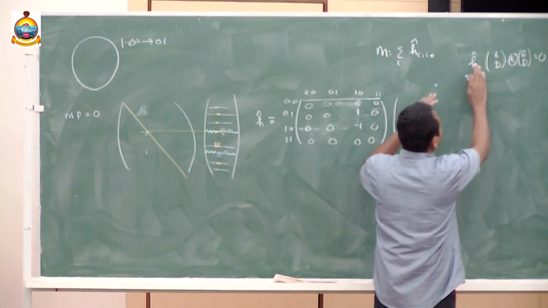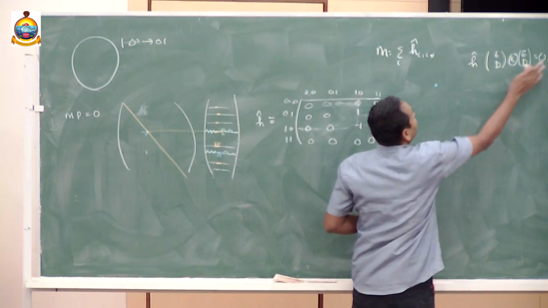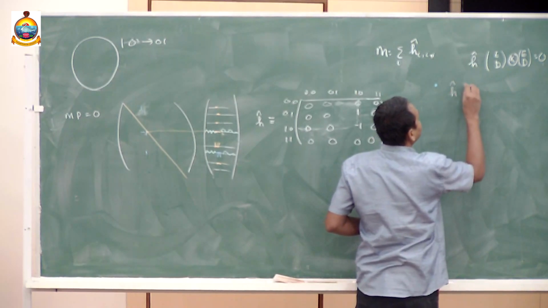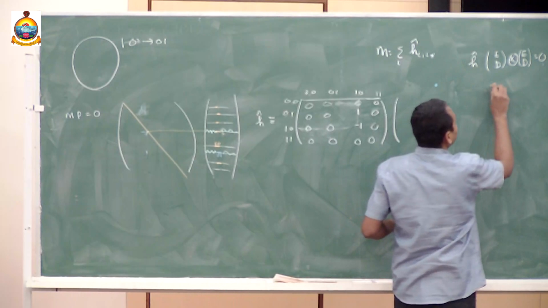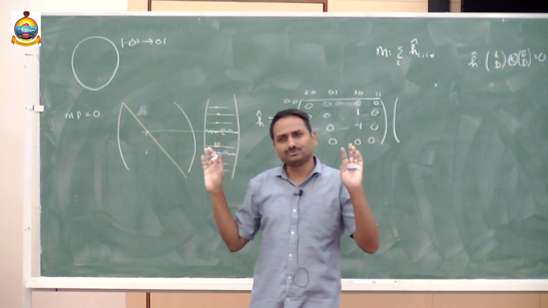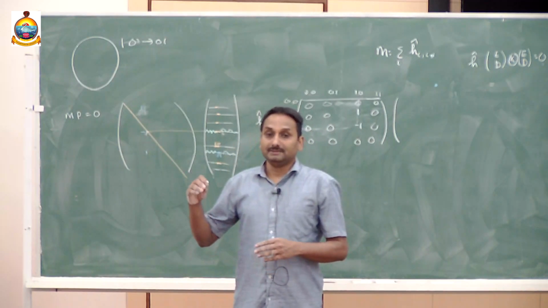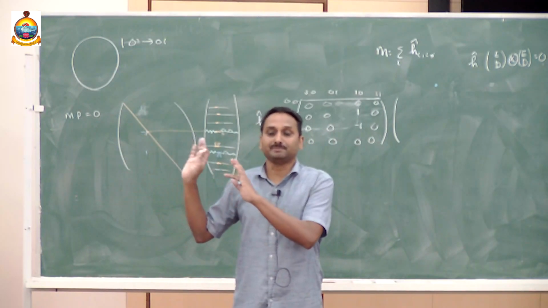So instead of writing 0 on the right hand side, you write H times this equal to some other matrix which you do not know at this stage. You introduce new things, but they are not dependent on the configuration; they are constant matrices.